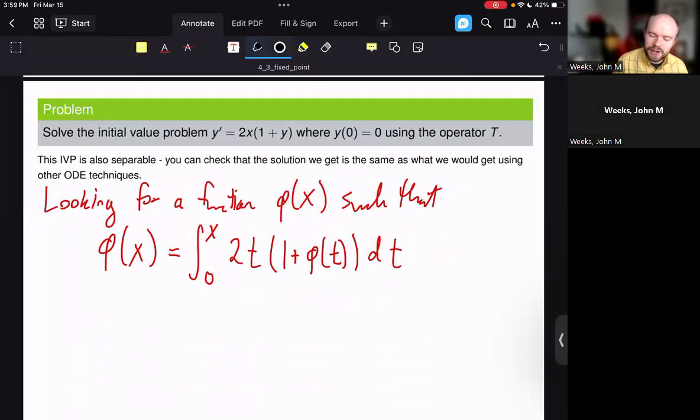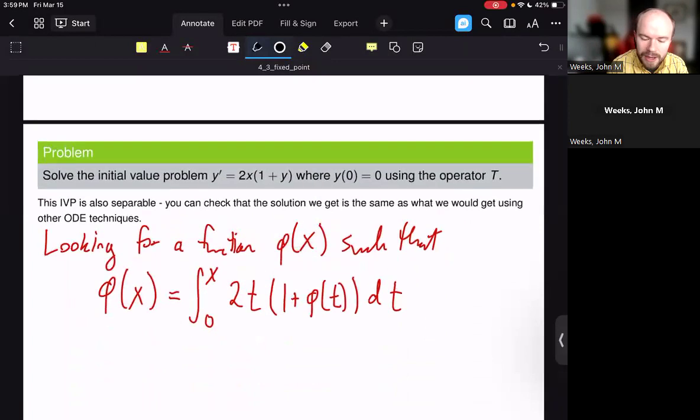Let's solve the initial value problem y prime equals 2x times the function 1 plus y. So in this case, our function is 2x times 1 plus y. This is the function f of x, y that we're working with.